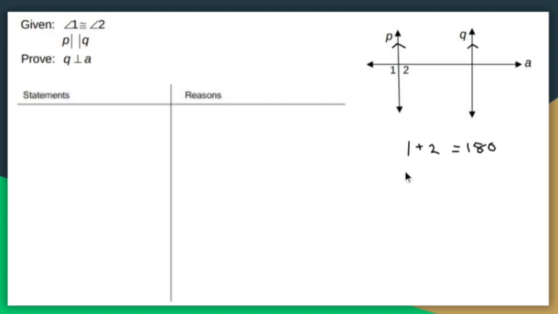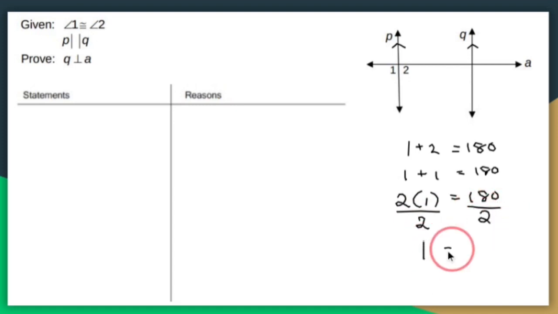So I could say 1 plus 1 equals 180, and that's the substitution property. If I combine like terms, 2 times angle 1, I know this doesn't look right, but this is a rough draft and I know what I'm doing. So 2 times angle 1 is 180. Divide both sides by 2, and angle 1 equals 90.